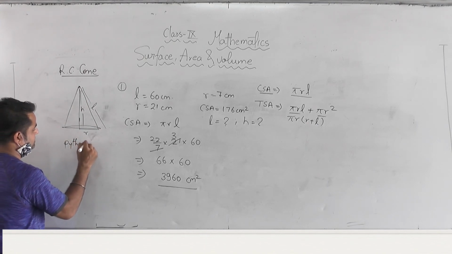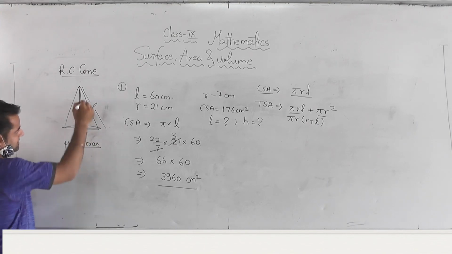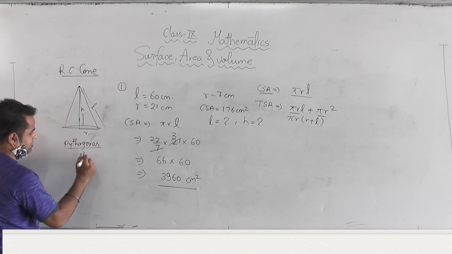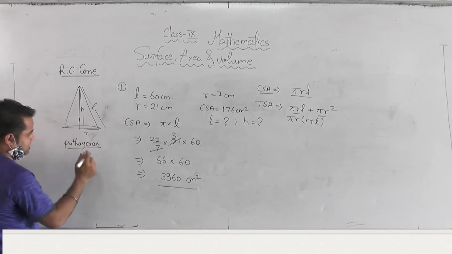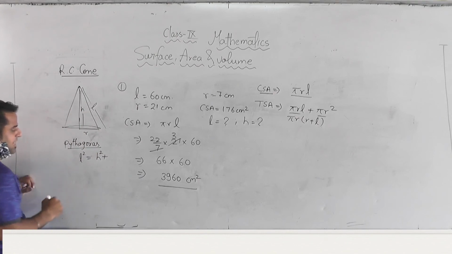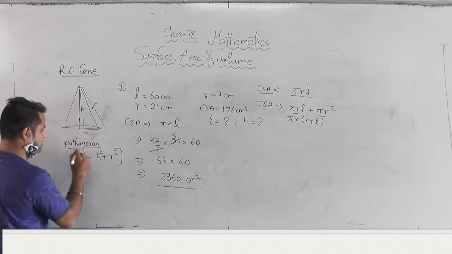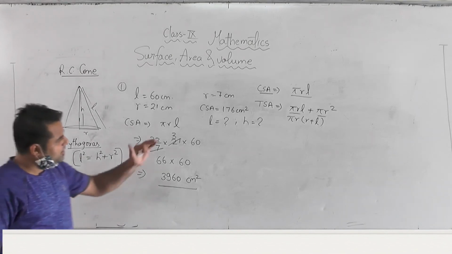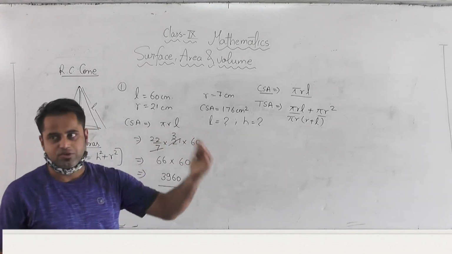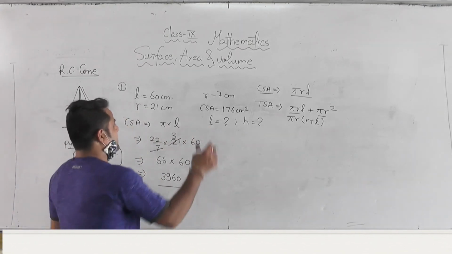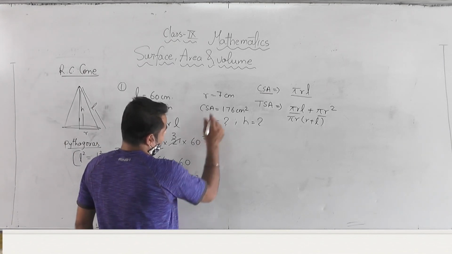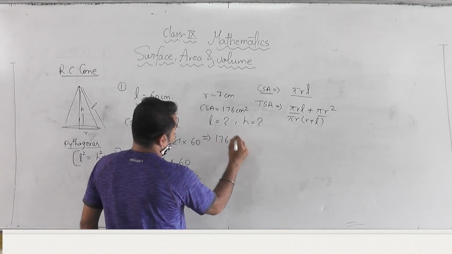In Pythagoras, the hypotenuse is the slant height, the perpendicular is the height, and the base is R. So L square equals H square plus R square. When we get the slant height, we can also get the straight height. So we put in the values. 176 is the CSA.